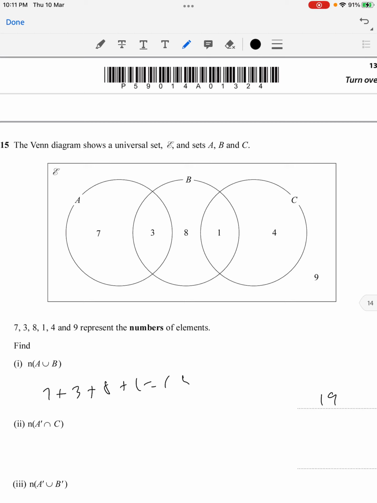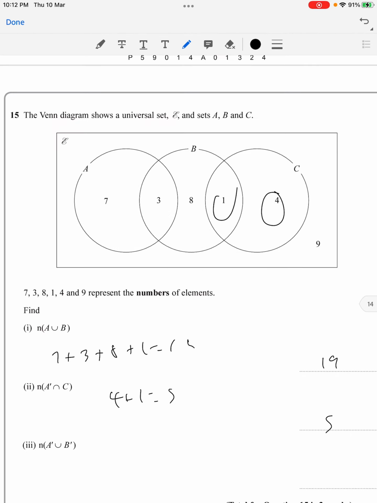Next, the number of elements that are not in A but intersect C. So everything that is not in A but intersects C, right? So the intersection of 4 plus 1 is 5. Next, the number of elements that are not in A and not in B, right? What we need to understand in the marking scheme is that we add all the values up.